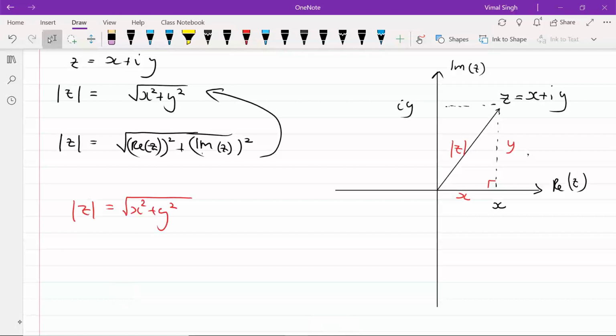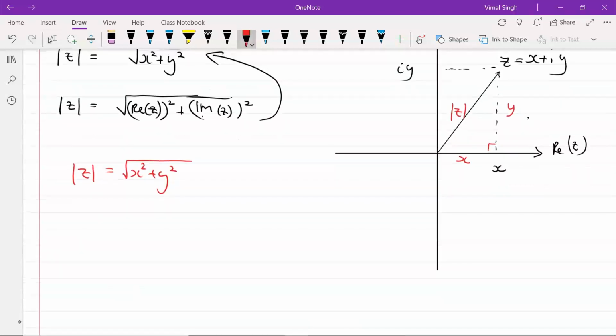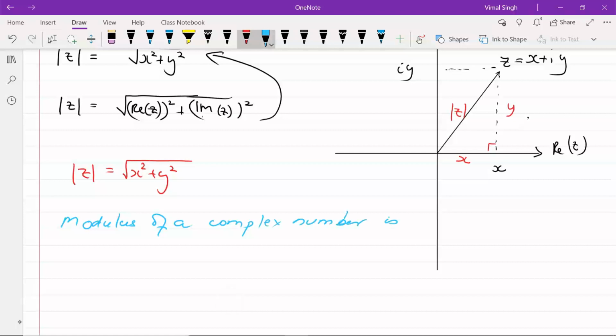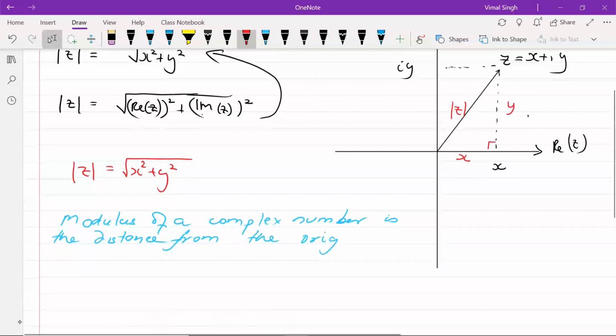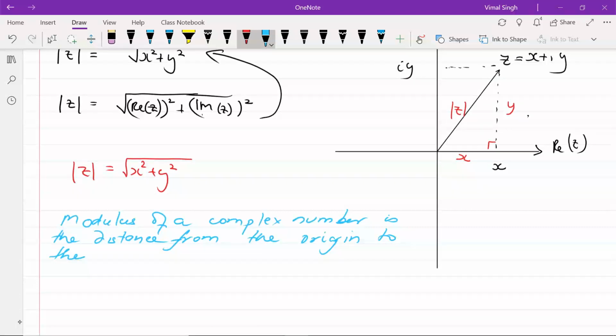So we can say the modulus of a complex number is the distance from the origin to the complex number z.